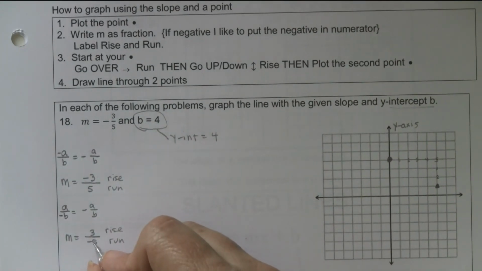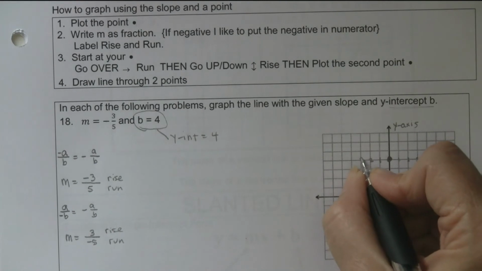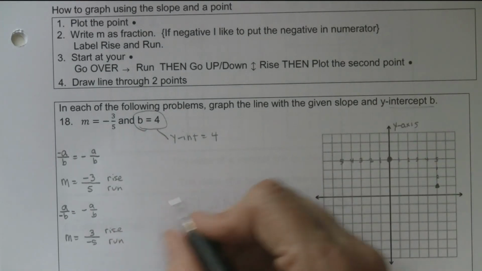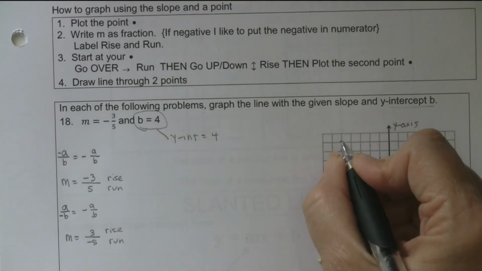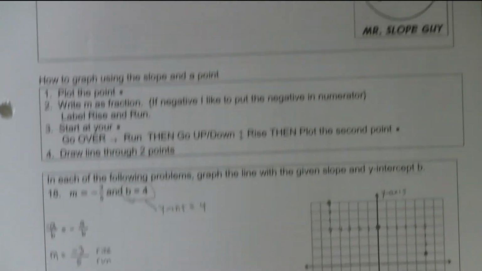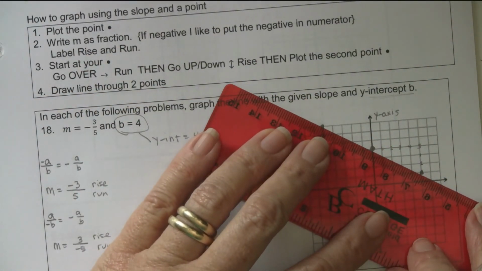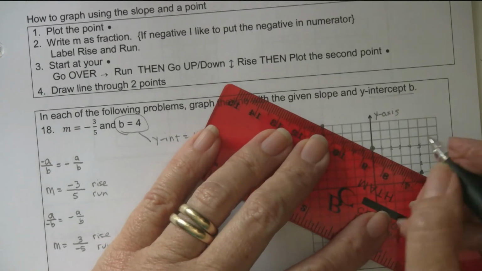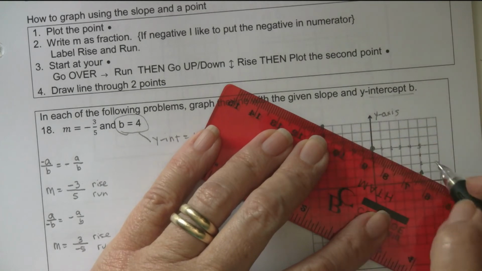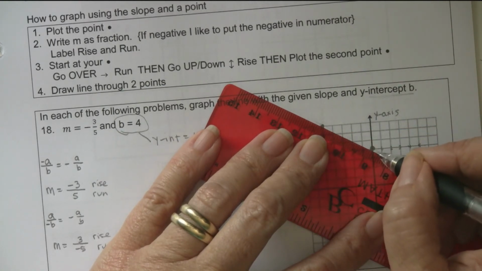This is run in the negative direction, 5: 1, 2, 3, 4, 5. And then go up 3: 1, 2, 3. You notice that the 3 points are all on the same line. If I was to draw this line just through those 2 points, it would include that one, right? Or if I was to draw through here, I would include that.